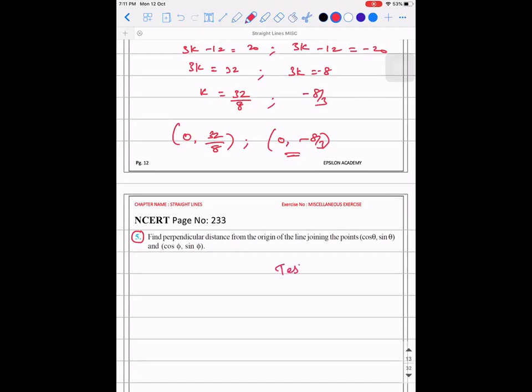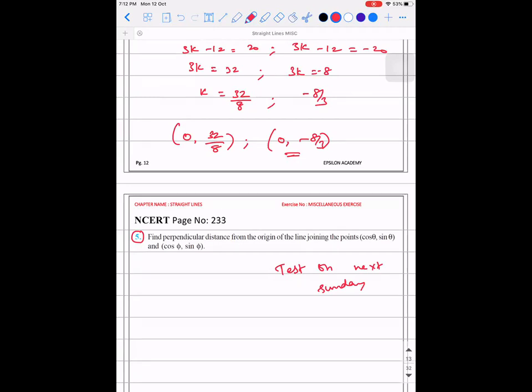One more important point: you will have a test in this chapter on next Sunday, not the coming Sunday. What is the next Sunday date? 25th, right?